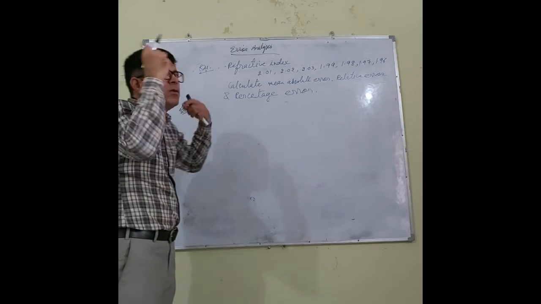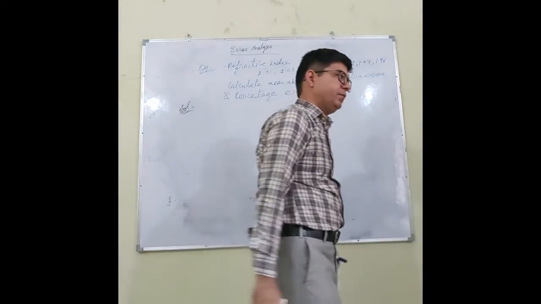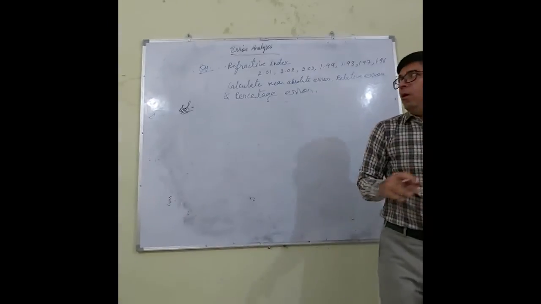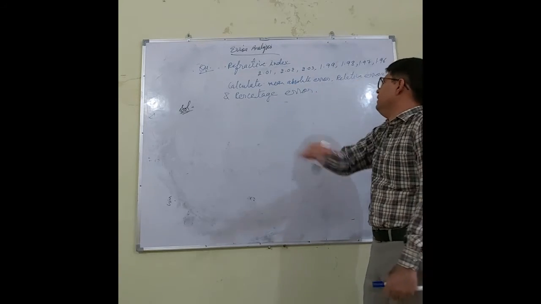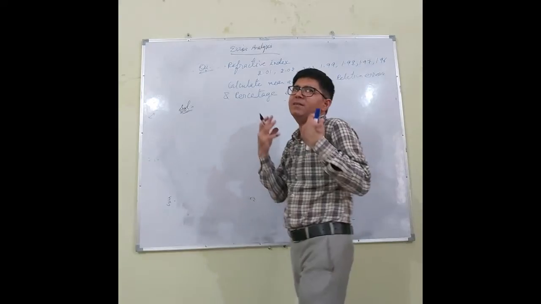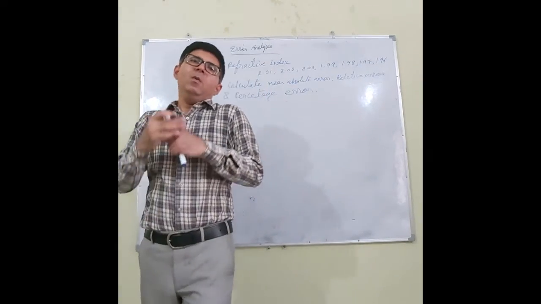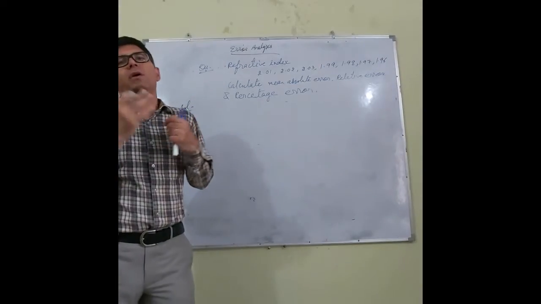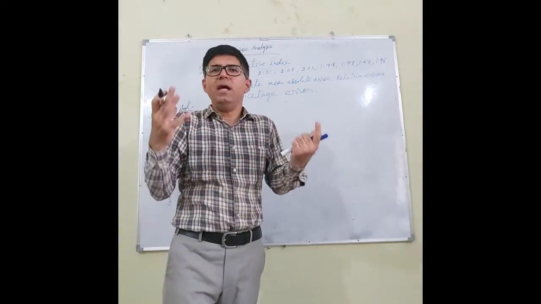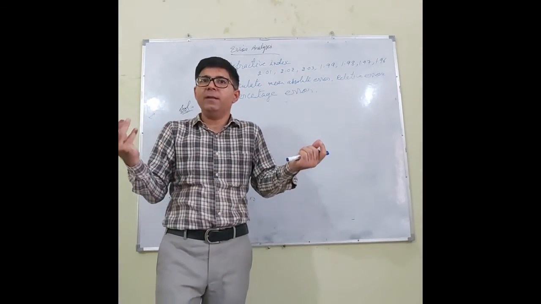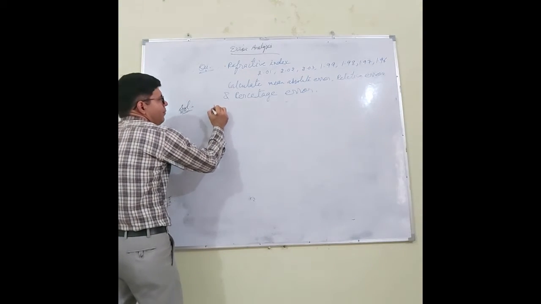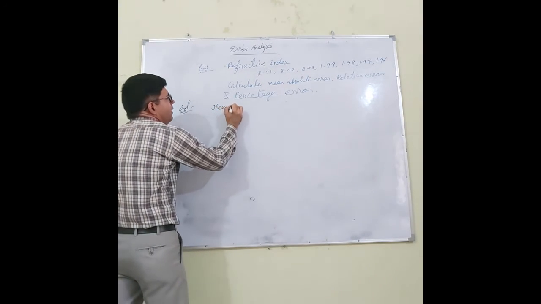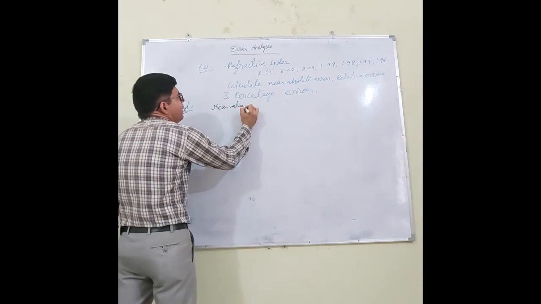Here we are not given the actual value, but we are given these measured values. In such circumstances, when the actual value is not given, we have to take the arithmetic mean. This mean value will be the actual value.